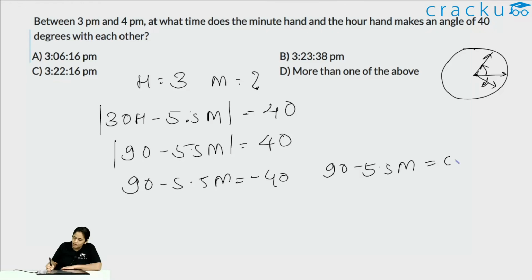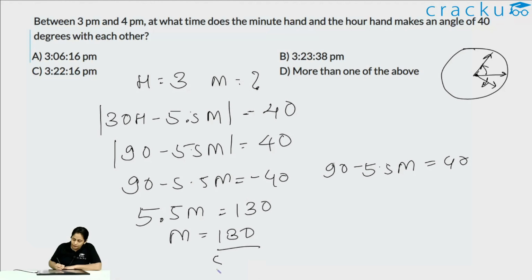In the first case I get that 5.5m is equal to 130, so m is equal to 130 by 5.5. This is 130 into 5 divided by 1.1, so this is 260 by 11. 260 by 11 is how much? This is 23.6 something, so this 0.6 part we have to convert into seconds.